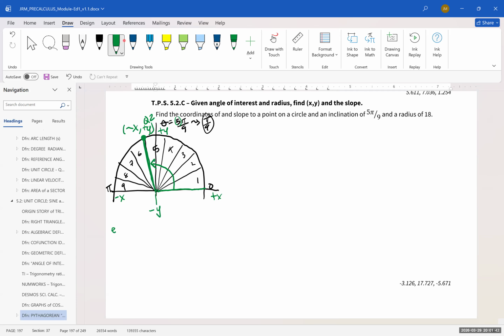So we should expect our x value to be negative, and we should expect our y value to be positive.